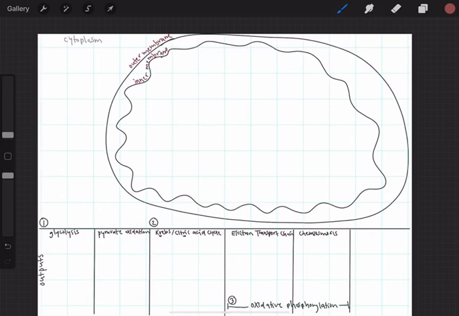The region between the inner and the outer membrane is called the intermembrane space. So I'm going to write that down here just because I have more room compared to the top. This is the intermembrane space. And then this big region in the center over here, that is the matrix of the mitochondria. I'm going to label that on top over here. This is quite important.